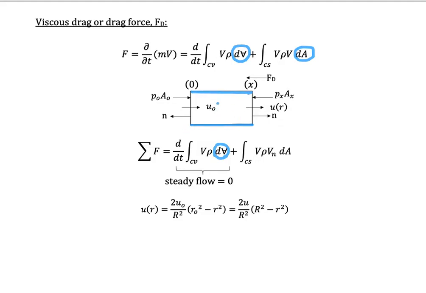So it means the volume is not changing. If there are no changes of the volume, this value will become 0. Normally in fluid mechanics, if it is steady flow, this term can be neglected. Now we are only focused on the control surface.